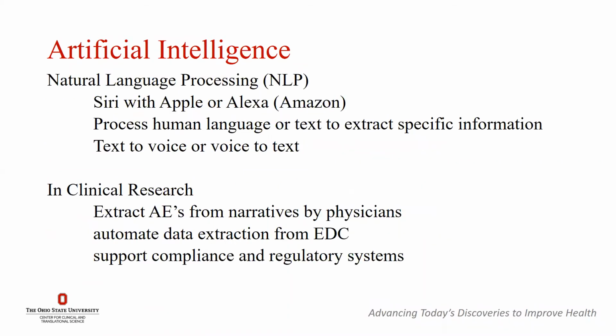Some more advanced artificial intelligence, some that are actually currently in use, is natural language processing or NLP. Some examples of that in the world today are Siri by Apple or Alexa from Amazon, where they are actually processing human language or text to extract specific information. This can either be text to voice or voice to text.